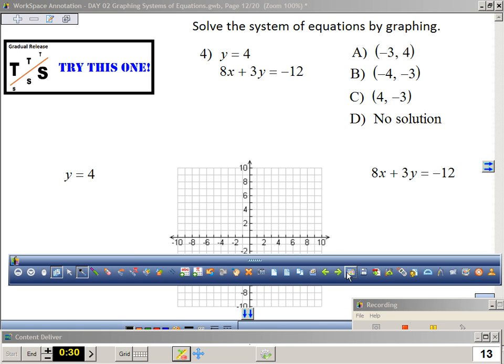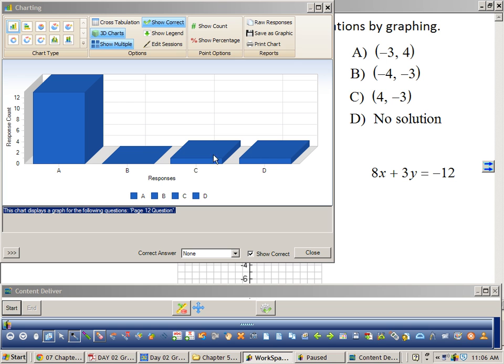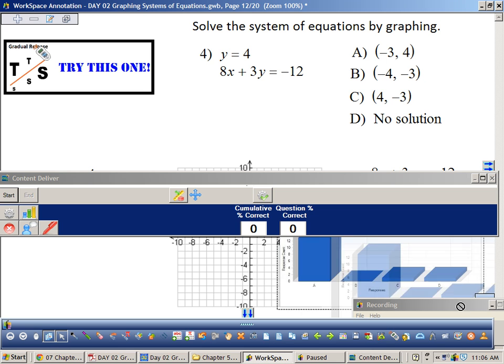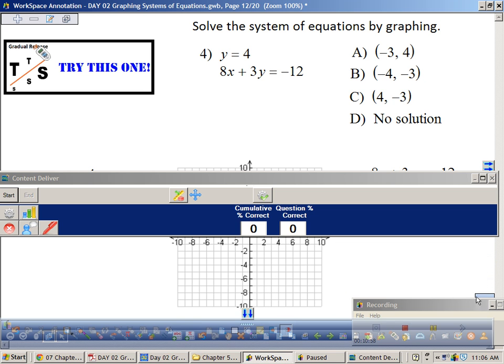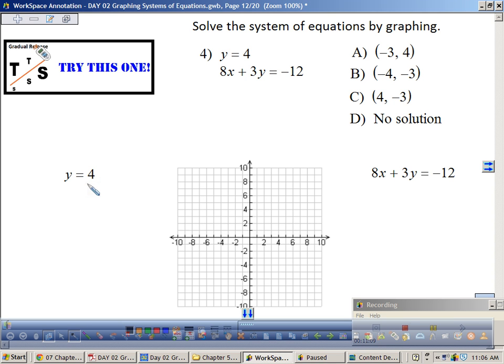All right, let's see how you guys are doing. 15, perfect. Fantastic. A couple people didn't get the right answer. Let's look at this. All right, y equals 4. I'm talking about y, correct?